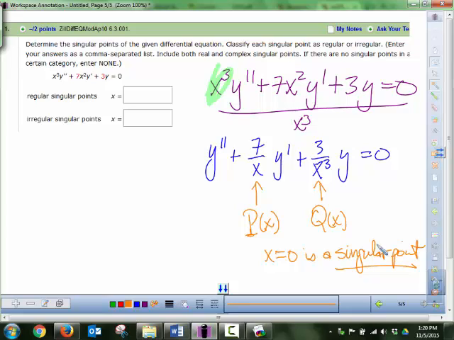So now that I have a singular point at x equals 0, I want to know, is that singular point a regular singular point, or is it an irregular singular point? So what we have to do to check that for the singular point x equals 0 is take a look at our P of x and multiply it by x minus 0, or just x.